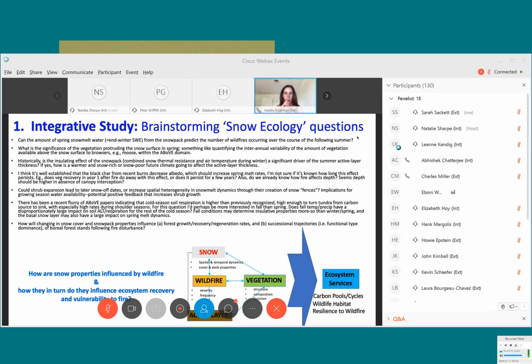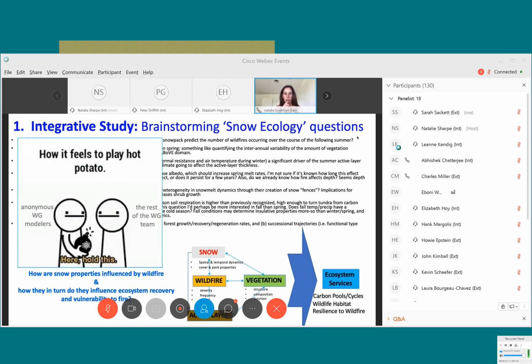Next slide. So we spent a couple calls talking about this question, and as you might imagine happens when you start talking about a question with this many feedbacks and talking about ecology, as always happens, the models that you're going to use are going to get more complicated.